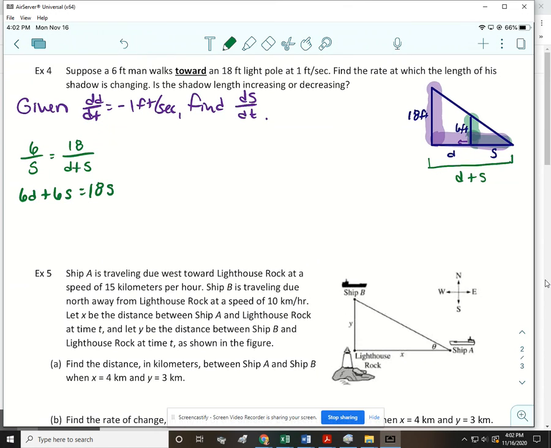All right, and then I'll just move my s's over. Now, since I want to find ds dt, I'm actually going to solve this one for s. So s is equal to 1/2 d. All right, so that makes it fairly simple now to find the derivative. So ds dt is 1/2 dd dt.